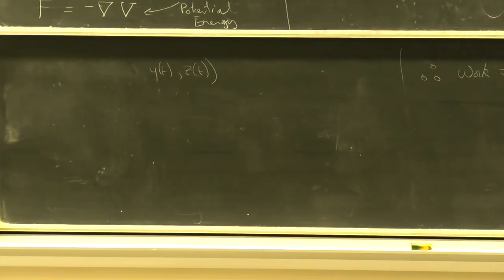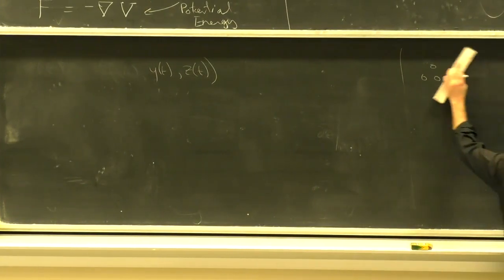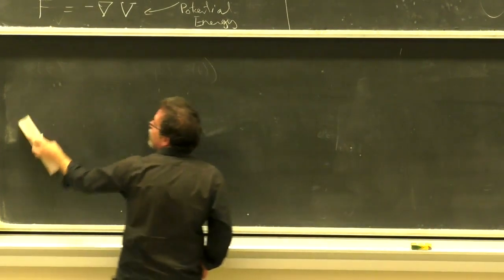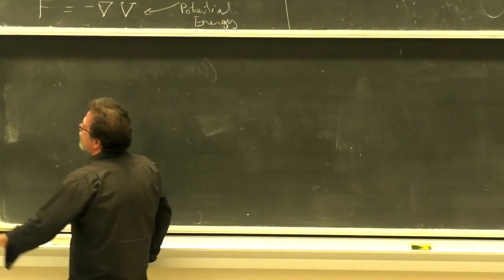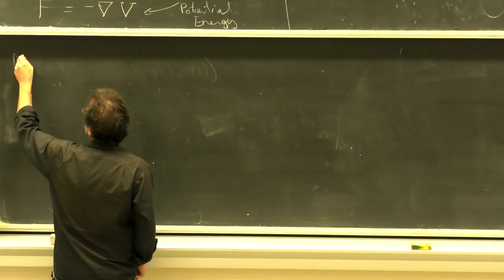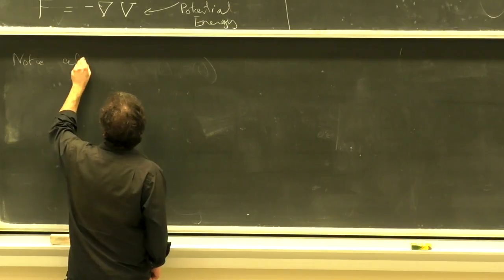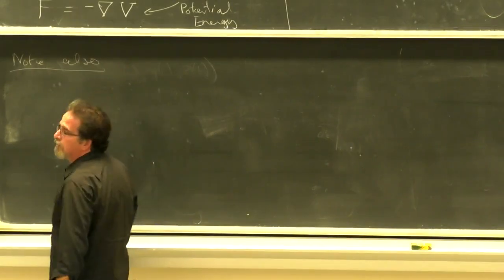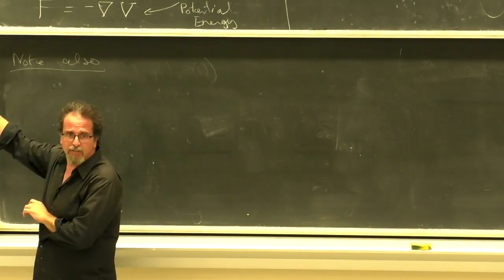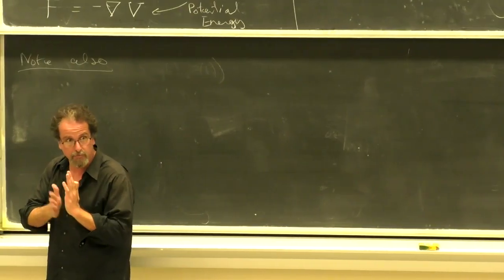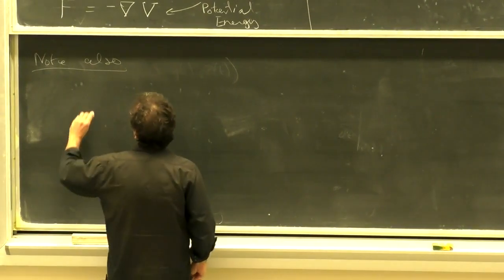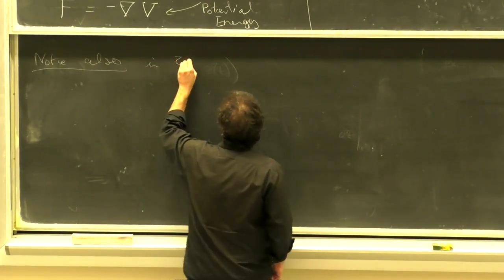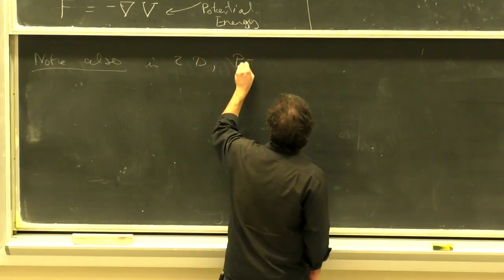Note also, this is for three-dimensional vector fields. What do we have with two-dimensional vector fields, really quickly? Note also for 2D, p is identically 0.